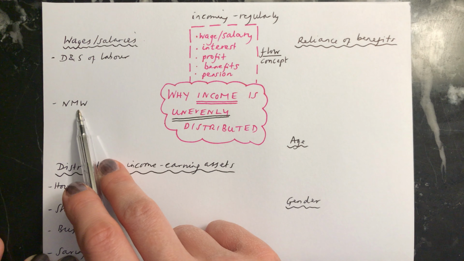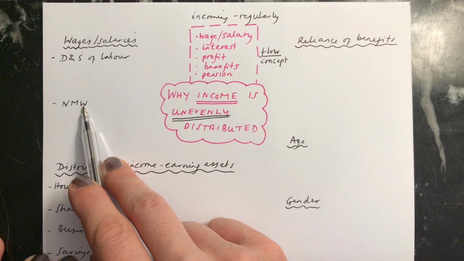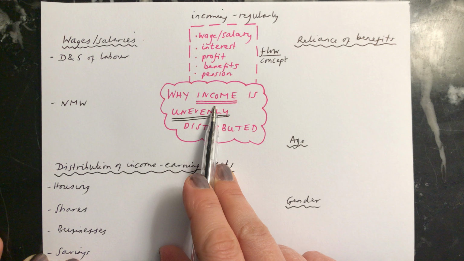Some people in the UK are earning the national minimum wage, which is around £8 per hour. It varies for different ages, but this is quite a low amount of money.